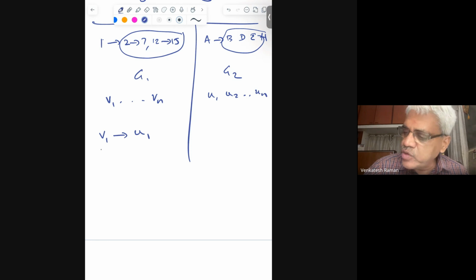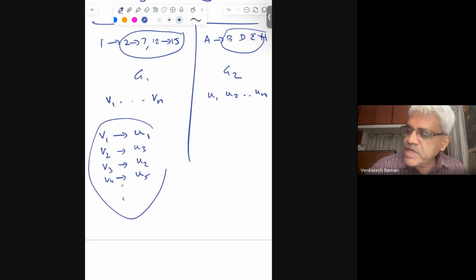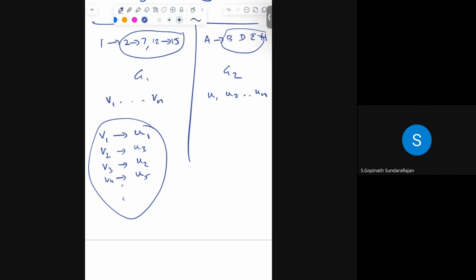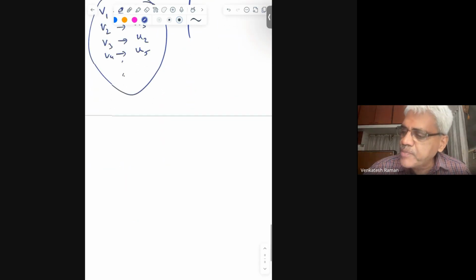Then I take V2 to U3, V3 to U2, V4 to U5, something like that. So I do this mapping and then check whether adjacencies are preserved. If yes, then good, I've got a mapping. If not, I change the mapping. So the question is simply how many mappings are there.